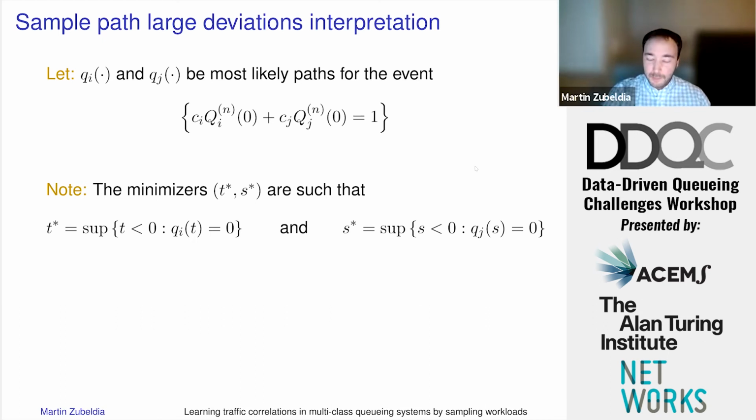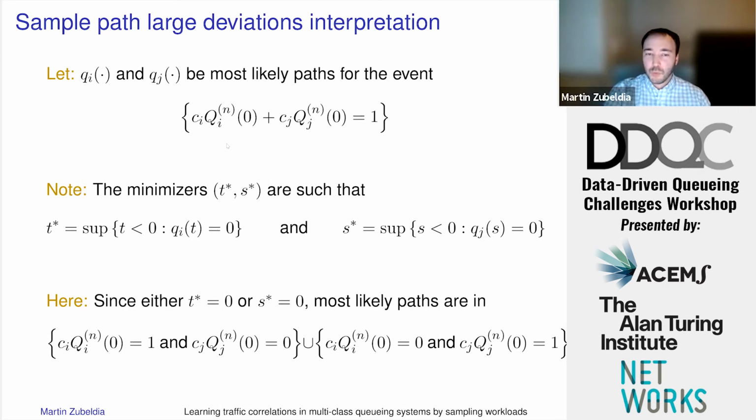And if we combine this with the fact that we know that one of the two is 0, then the most likely paths for this event are the ones where only one Q is really positive and the other one is 0. So either the ith Q is equal to 1 and the jth Q is 0, or it's the other way around.